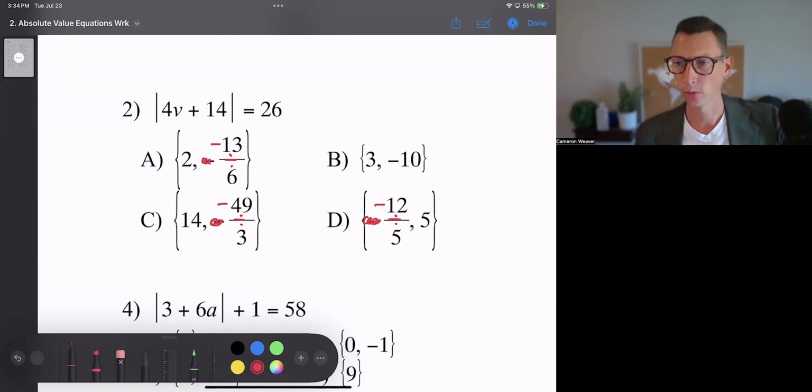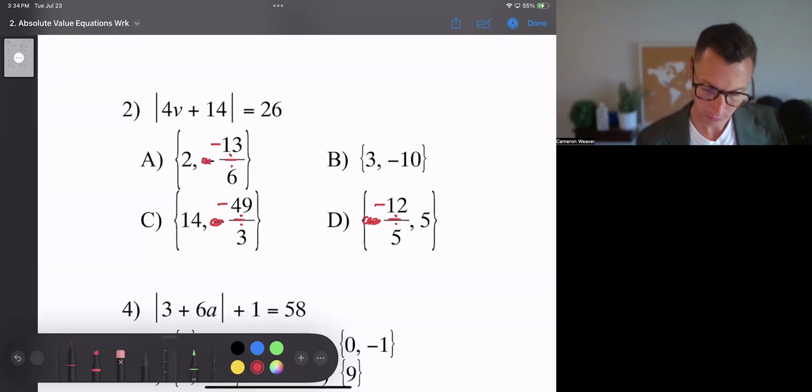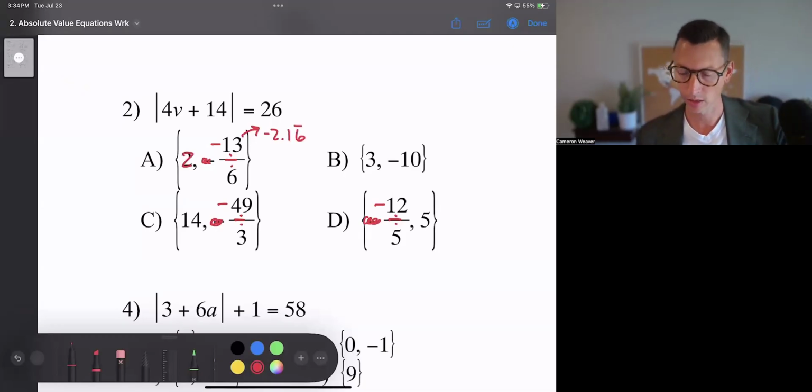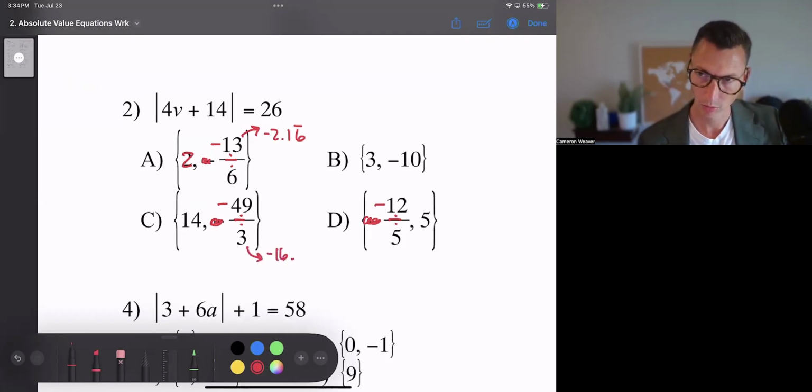So we'll take this first one, negative 13 divided by 6. This answer option would be negative 2.16 repeating. Now answer option C, negative 49 divided by 3, this is going to give you negative 16.3 repeating.